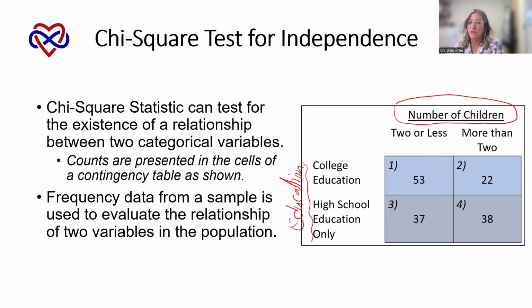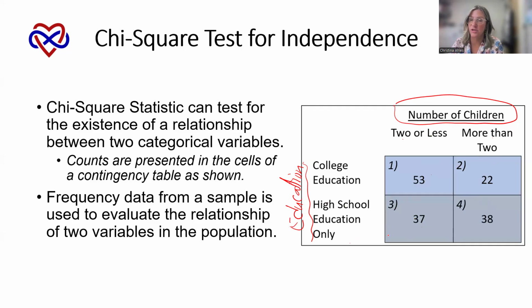And we have 2 categories here, college education or high school education only. These numbers are frequencies. 53 people said they had 2 or less children and they were also college educated. 22 people were college educated and had more than 2 children. High school education only, 37 people had 2 or less children, but 38 people had more than 2 children.